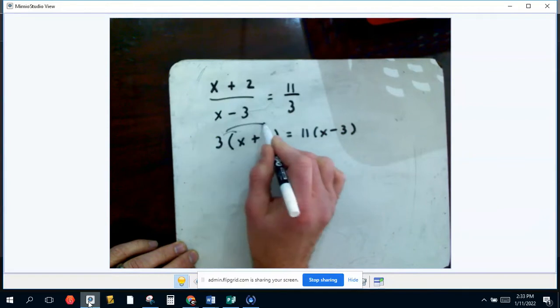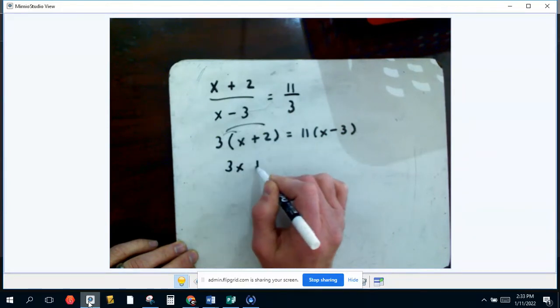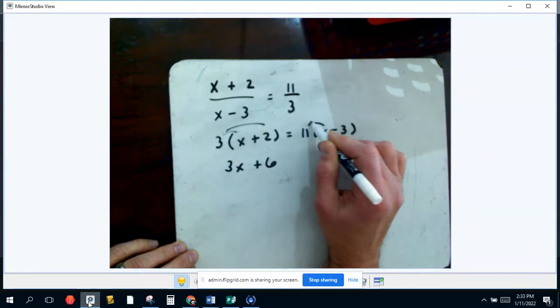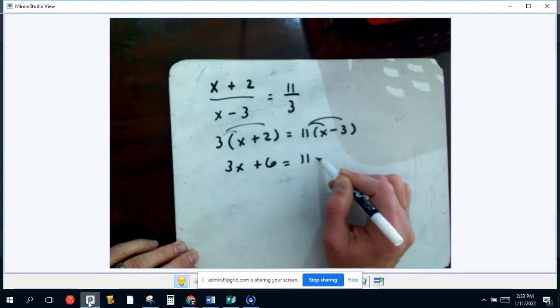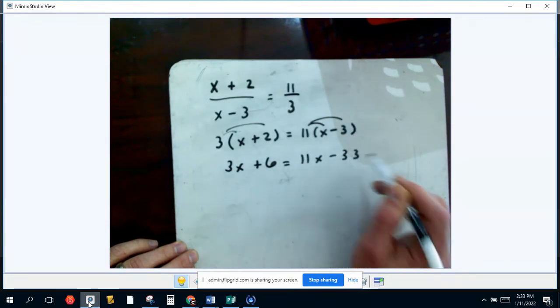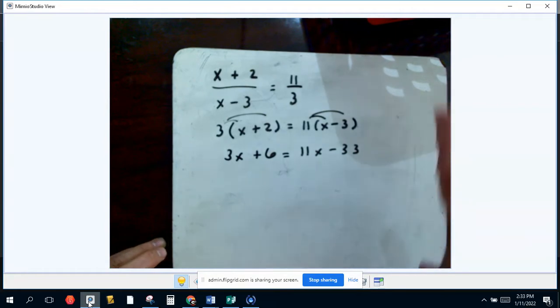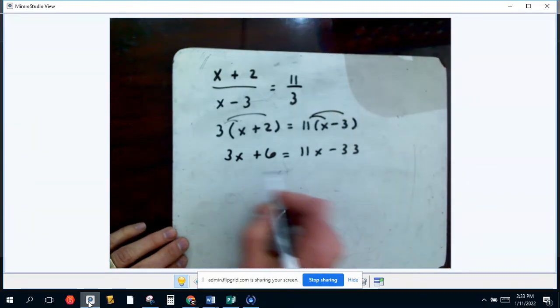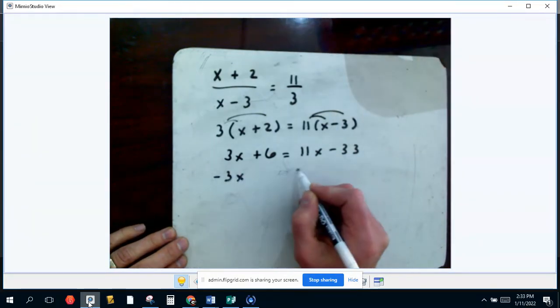And we're going to distribute: 3x plus 6, 11x minus 33. Okay, and just continue this off.